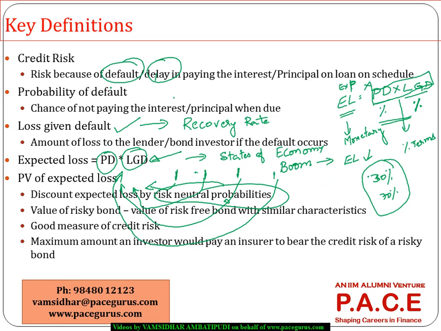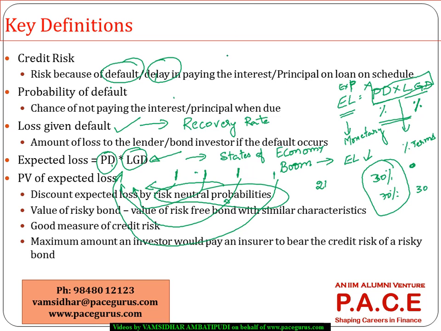So we are not using the default probability based on risk premium, just like the way we go with options. If there is a loss, I am going to get 0, and if there is no loss, I am going to get 30, let's say. So when I am using the risk neutral probability approach, the expected loss is only 21.